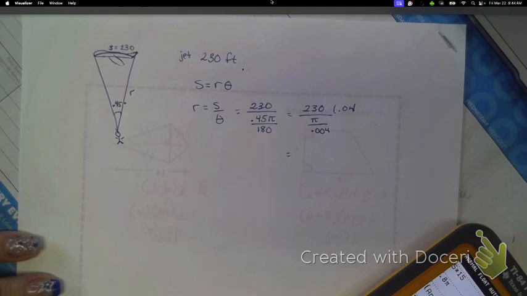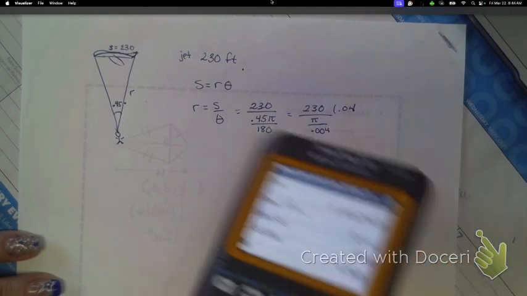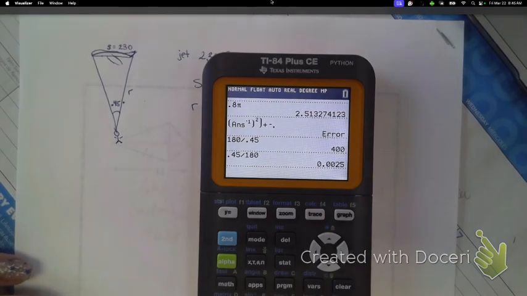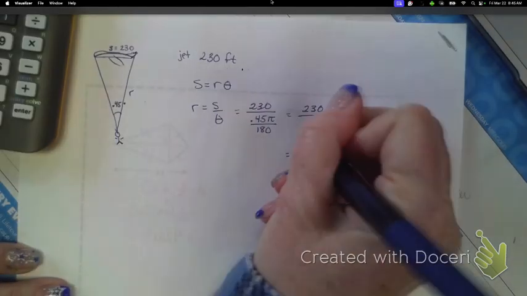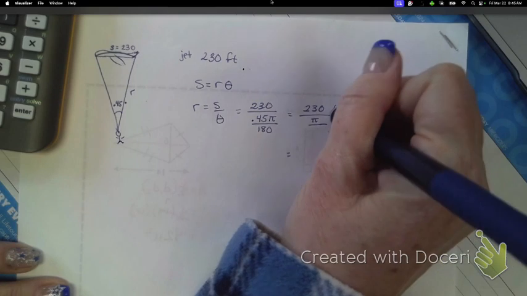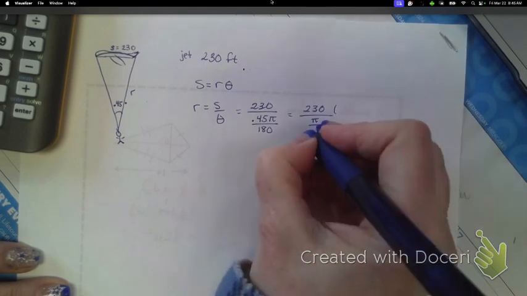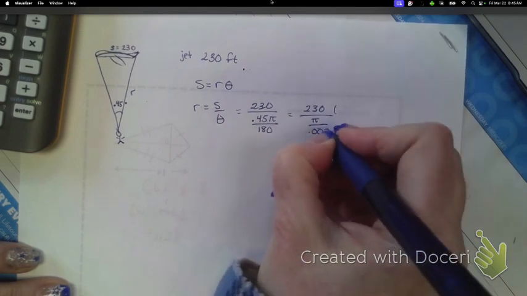Oh, we are so wrong. That's 0, 0, 2. 0.0025. I was right on my zeros.